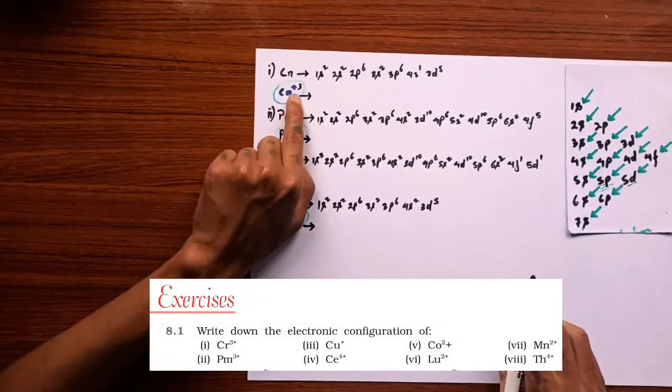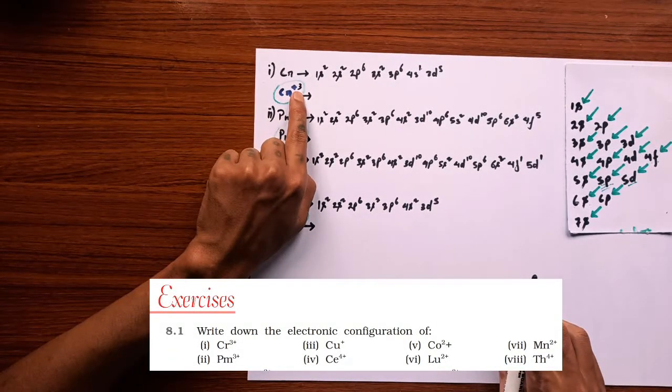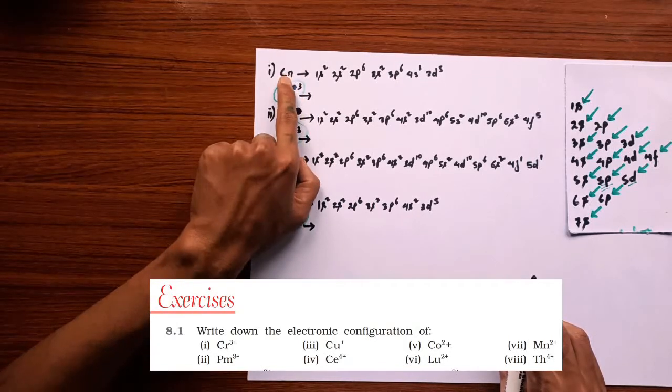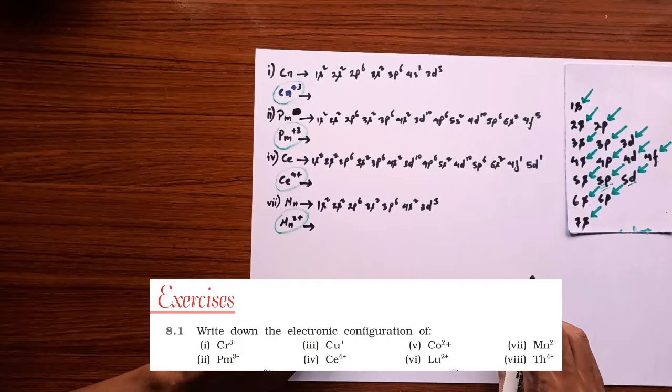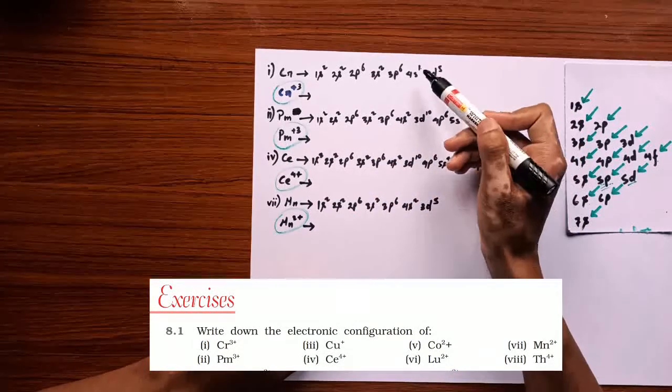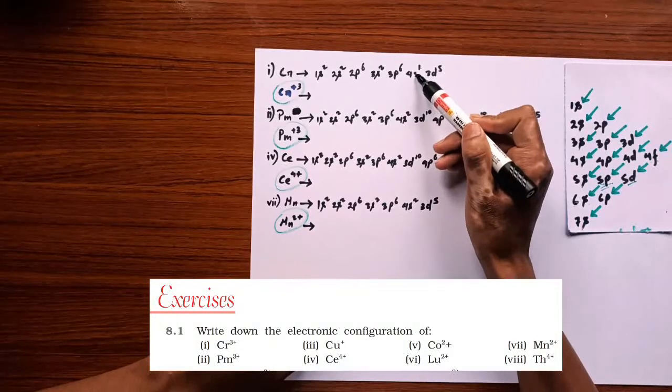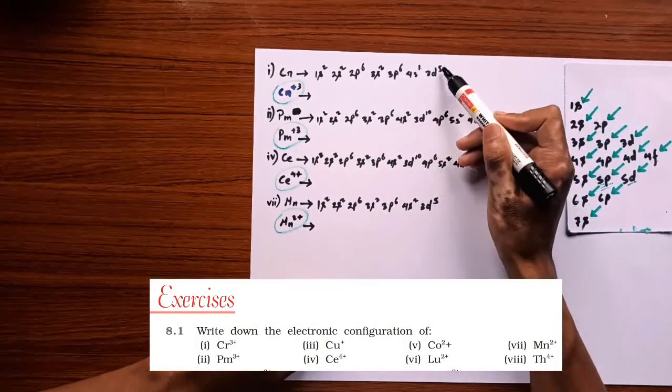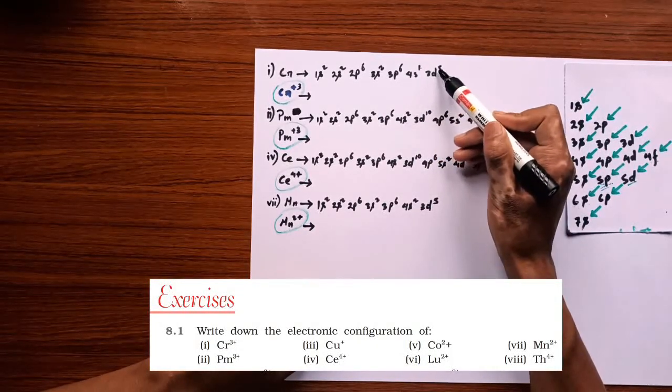It means there's a removal of 3 electrons. All we have to do is remove 3 electrons from the actual chromium electronic configuration. In order to remove them, I'm going to remove the electrons from the 4s first, and then remove 2 electrons from the 3d.